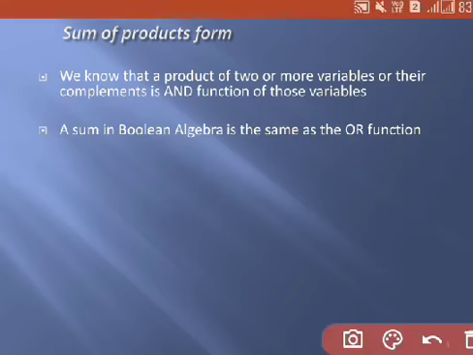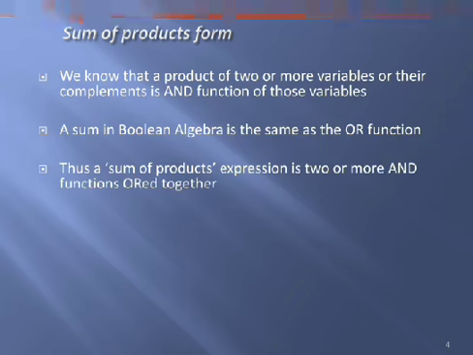That means, for example, we are having the expression called AB plus CD. So that means a sum function between the two terms AB and CD. This is first term and this is second term. You are doing the ORing of these two functions, AB and CD. That is the meaning of a sum in Boolean algebra is the same as OR function.